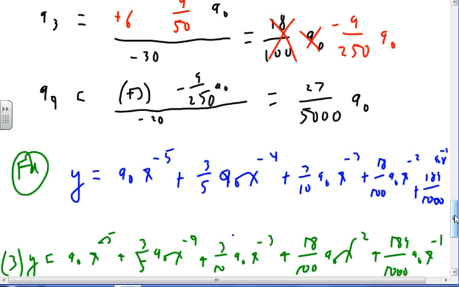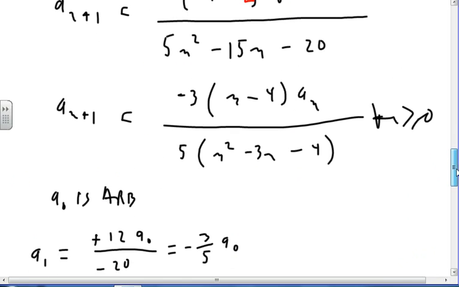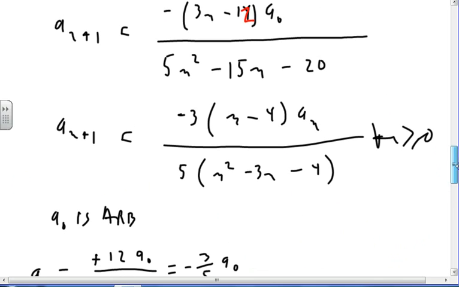Okay, and if I go to A5, n is equal to 4, this is 0, so A5 is going to be 0, and A6 is going to be 0, and A7 is going to be 0.